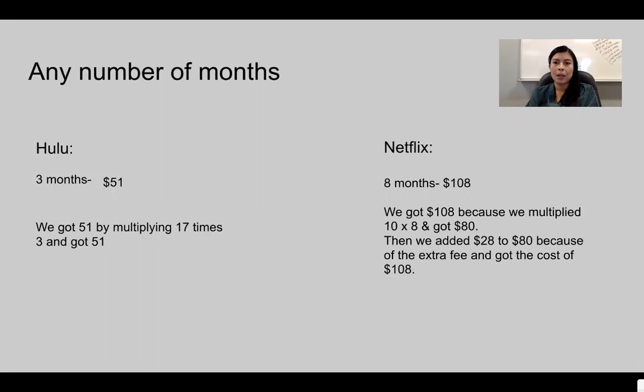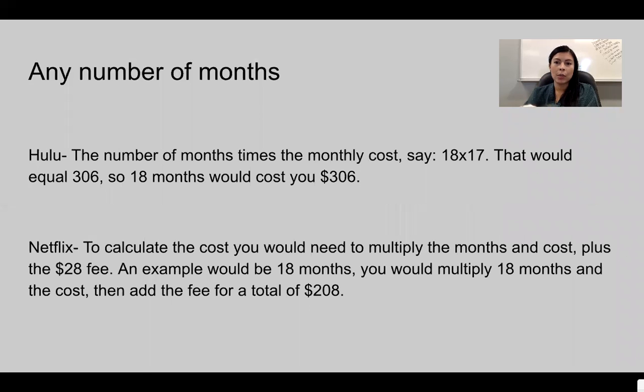Here they're telling us to multiply 18 by 7, but we're talking about any number of months. We're not saying the number of months is 18 or 12. We don't know how many months. That's what makes it change. The number of months can stand for any number, so we don't want to do anything specific.